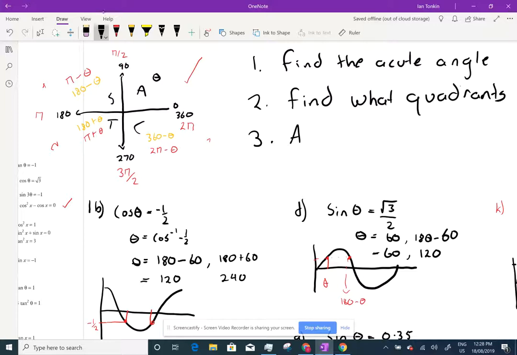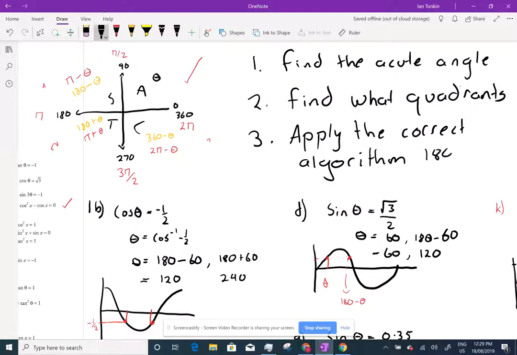And then apply the correct algorithm. So 180 minus, 180 plus, 360 minus, or pi minus, pi plus, 2 pi minus. So that's all you've got to do. Good luck with that.